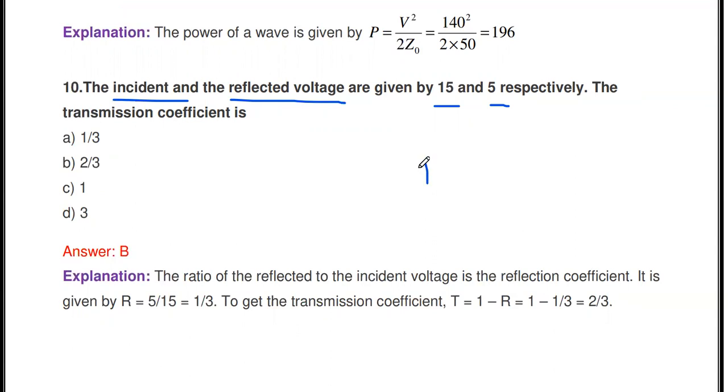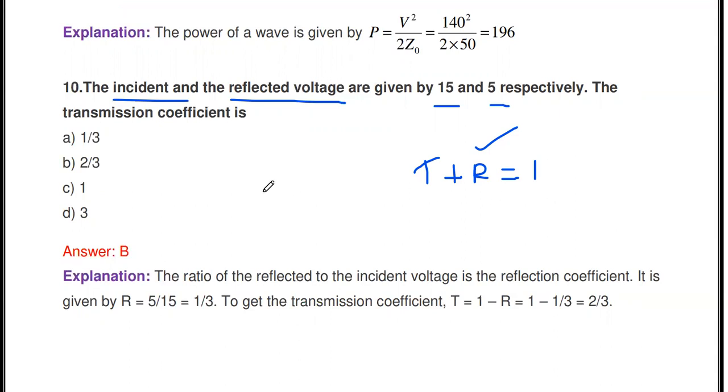The sum of the transmission coefficient and the reflection coefficient is equal to 1. So to find the transmission coefficient, first we have to calculate the reflection coefficient. Then the transmission coefficient T equals 1 minus R.